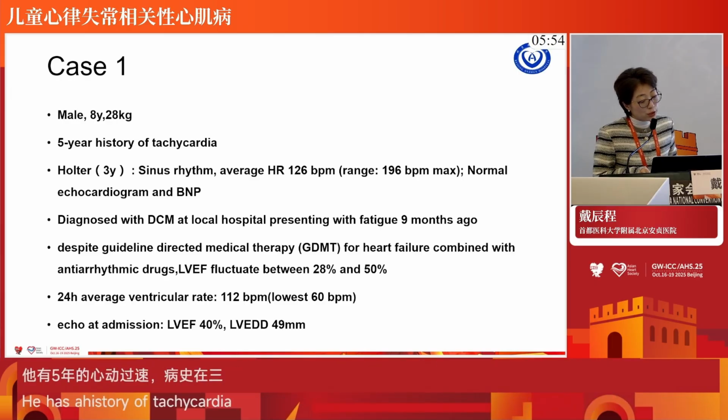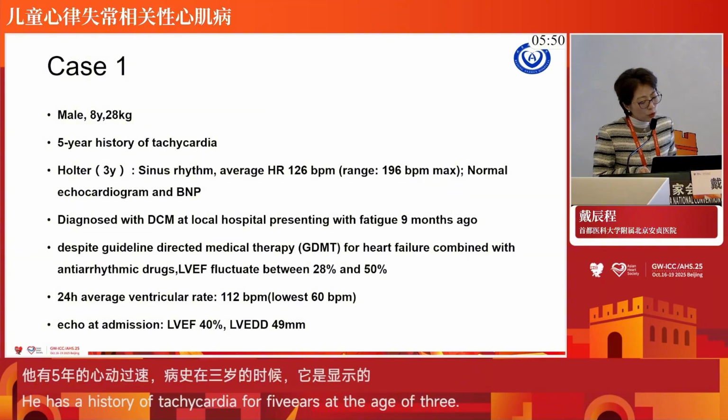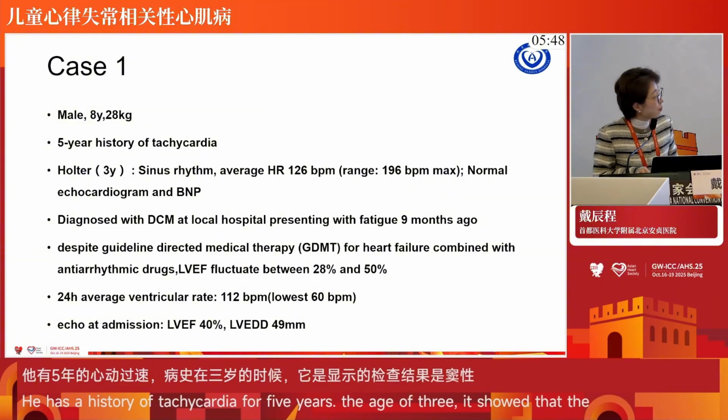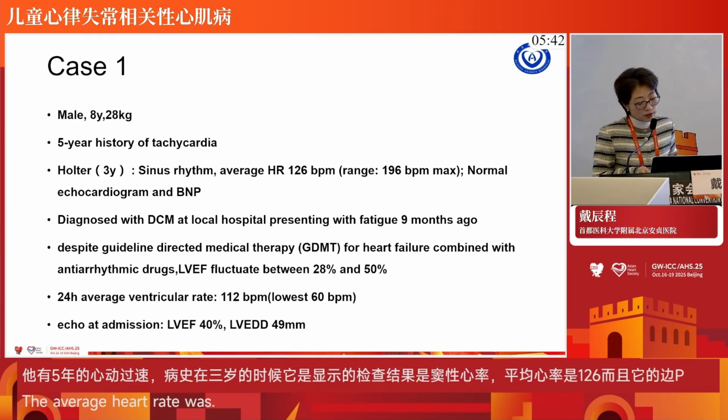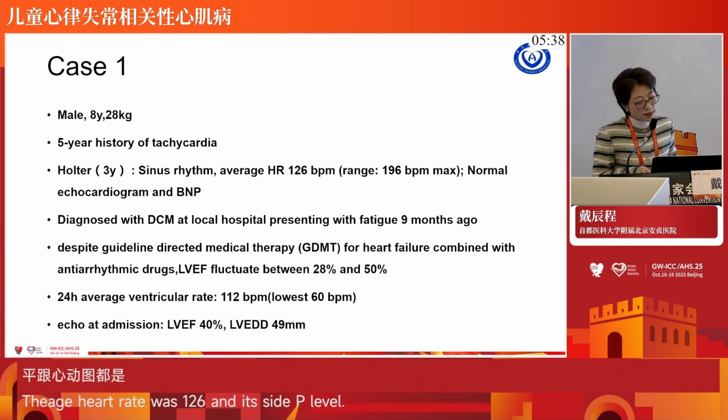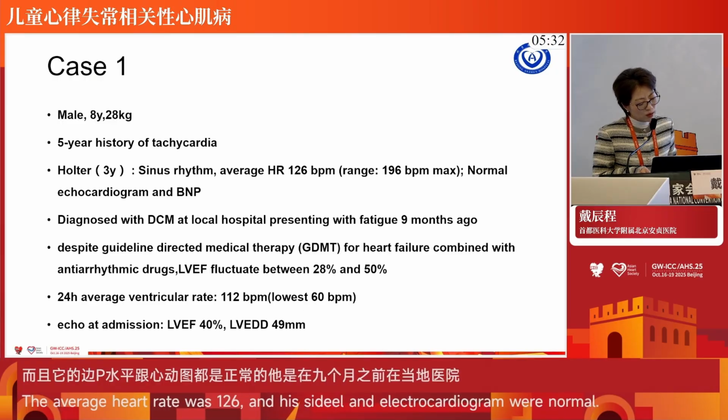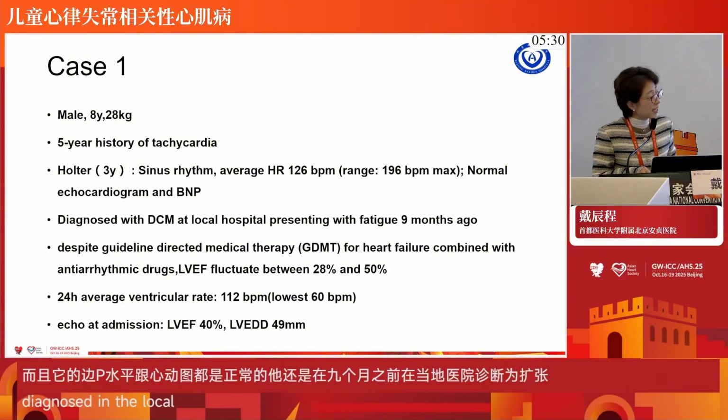Average heart rate is 226 BPM. Normal echo and BNP. He was diagnosed with cardiomyopathy 9 months ago. Despite guideline-directed medical therapy, his LVEF is not satisfactory.